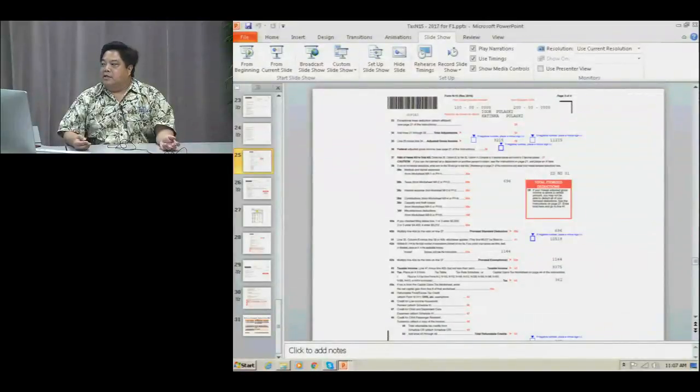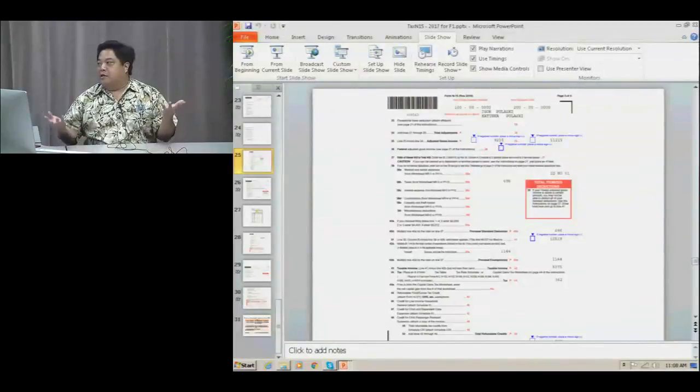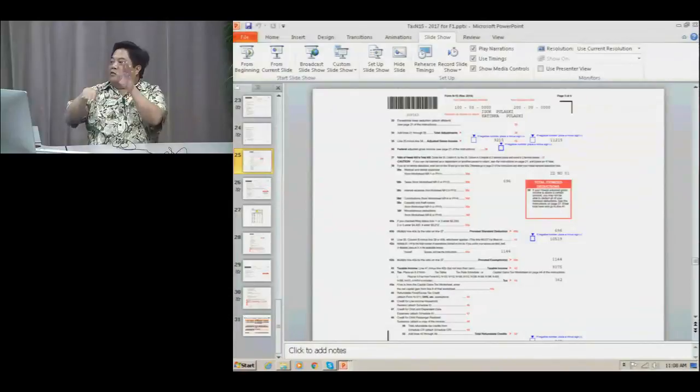If the 2 W-2s total $200 and the Hawaii is $50, then in your resident state you should pay $150 because 200 minus 50. And then the Hawaii one, you should just pay 50. So in total, you're still only paying around 200. The only difference is the rate differential.